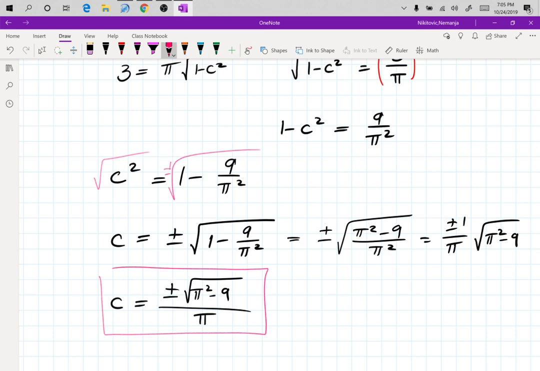Let's find a word problem to have more fun. Mean value theorem and the police. That's not it. The next one. Mean value theorem and the police again.